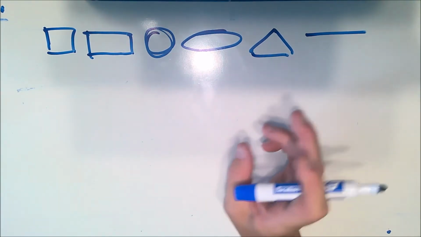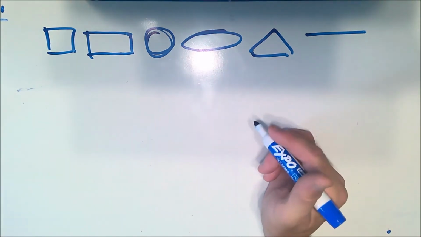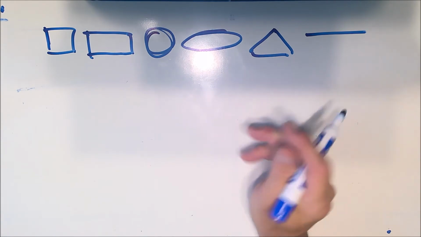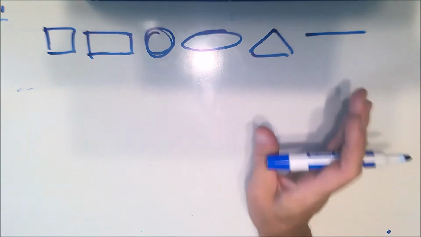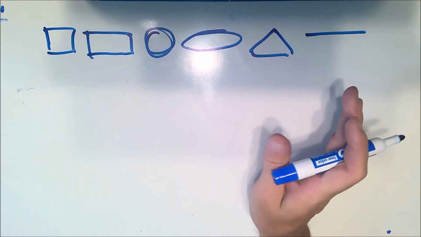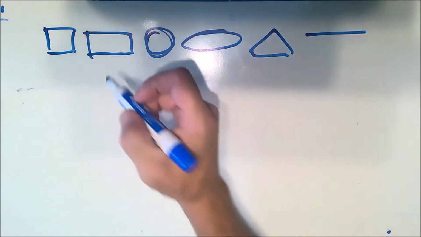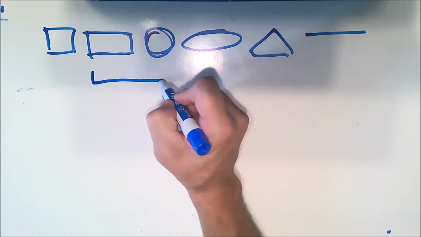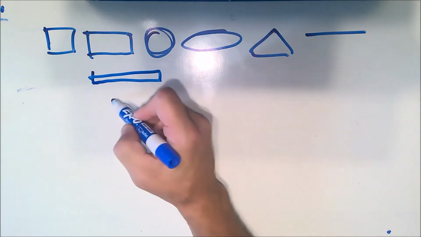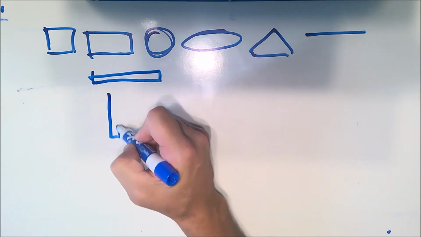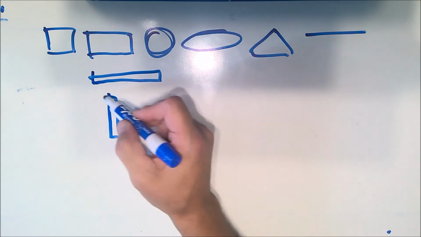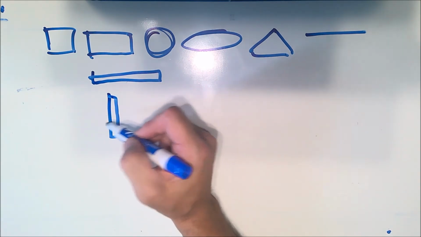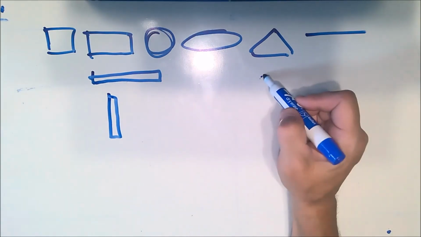The other thing I want to discuss is spatial relationships. Even within our shapes, we have spatial relationships. For instance, a rectangle can be like this, or it can be like this, depending on how the width relates to the height. Same thing with our triangles.